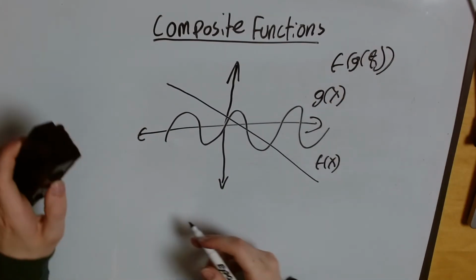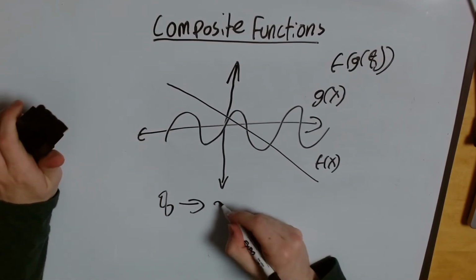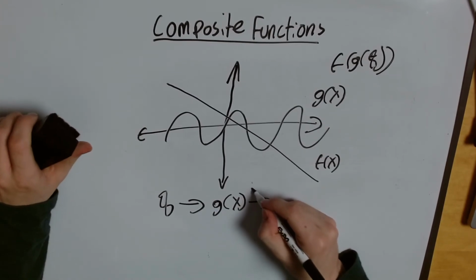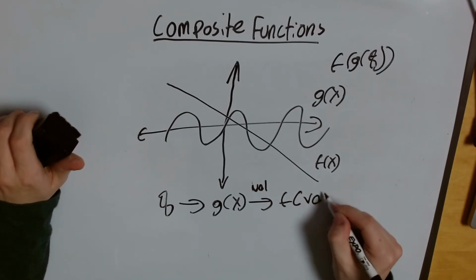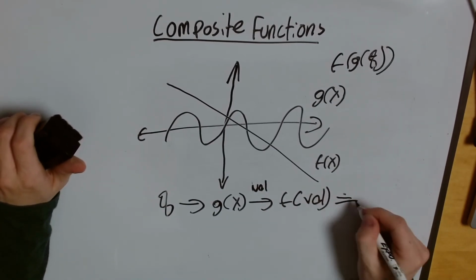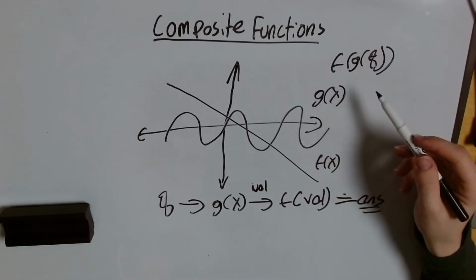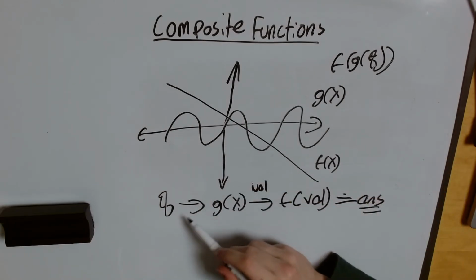Right? Well, let's think about our assembly line here. We have 8, which we're plugging into g of x. We're going to take that value, and we're going to plug that in for f of x, and we're going to get our answer. So, we plug 8 into g of x, right? So I'm looking for the y value when I plug in an 8 for x.